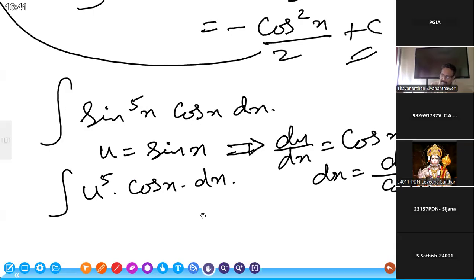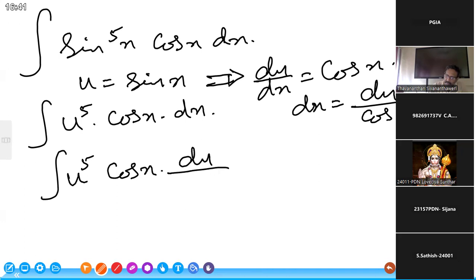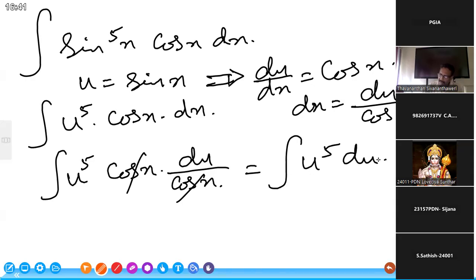As we said already, we cannot keep it in dx form, so we have to bring it into du form. So u to the power 5 cos x into du by cos x. As you all know, cos x will be cancelled off, so you could write it as u to the power 5 into du.